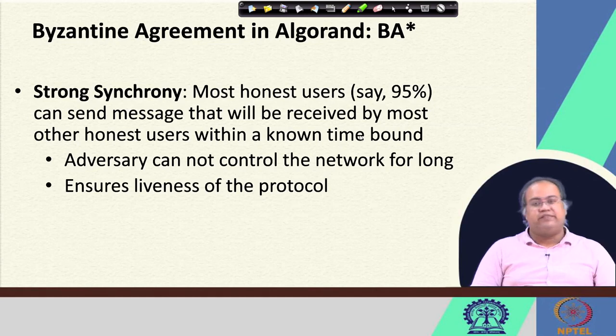Strong synchrony tells you that an adversary cannot control the network for long, because all honest users are able to share messages with each other within that time limit. You cannot create a partition in the network. The strong synchrony assumption helps ensure the liveness of the protocol.